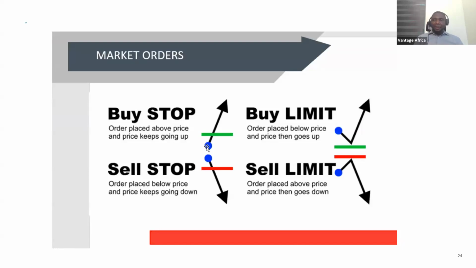I want to buy, but this instrument is not cheap enough. It's very highly priced right now. I need it to come to a discount level, below to the green area, before I buy. So price is currently at 1.45, for example, but I need it to come down to the 1.25 level because that is a better area for a buy.